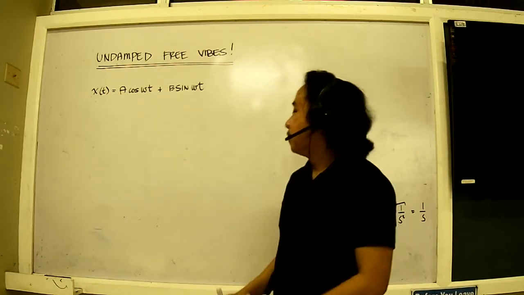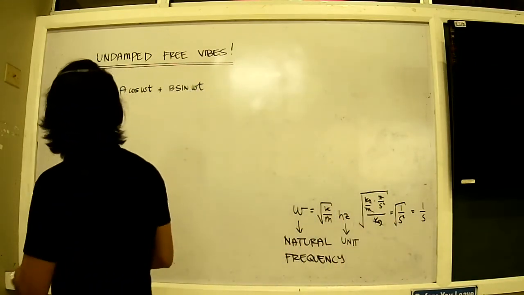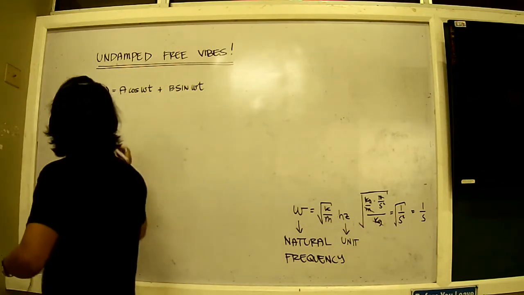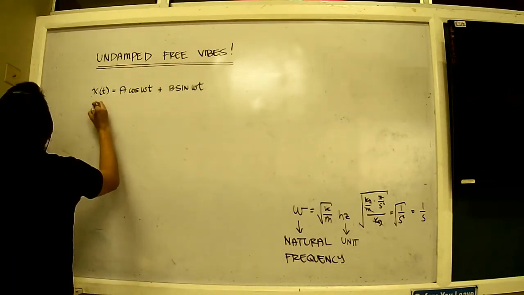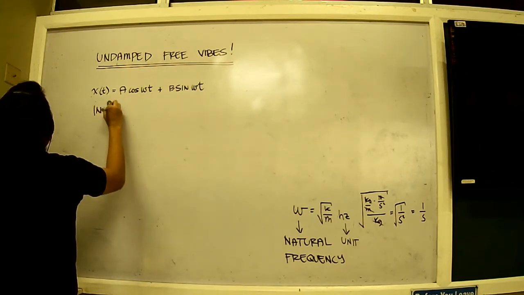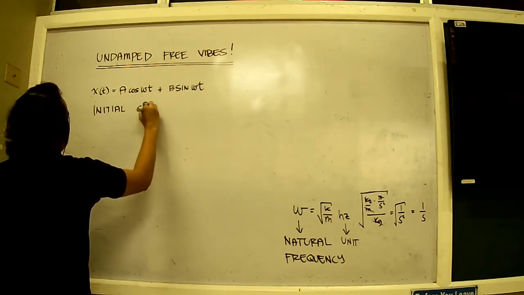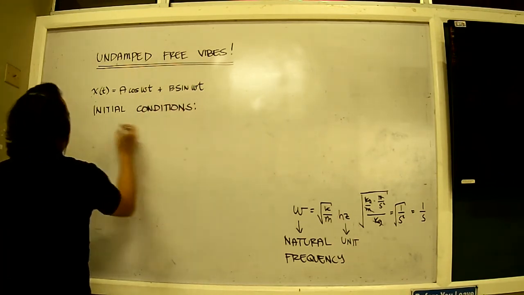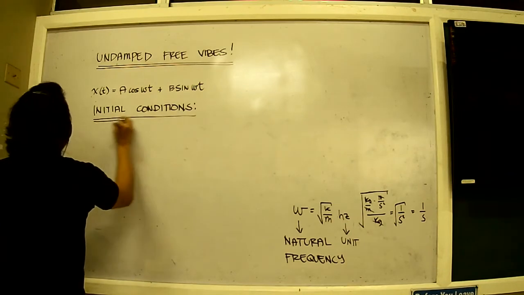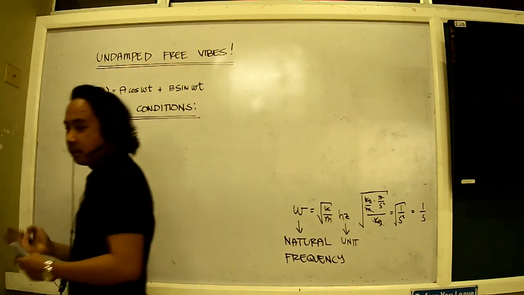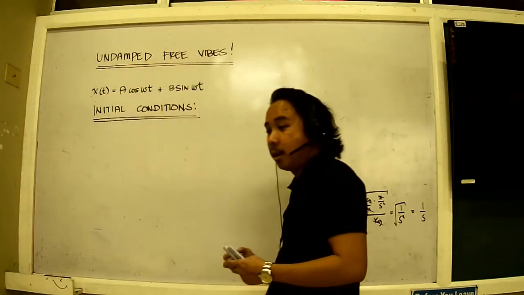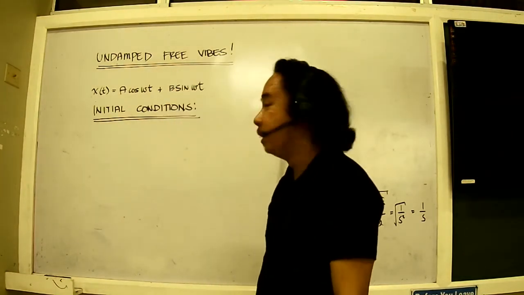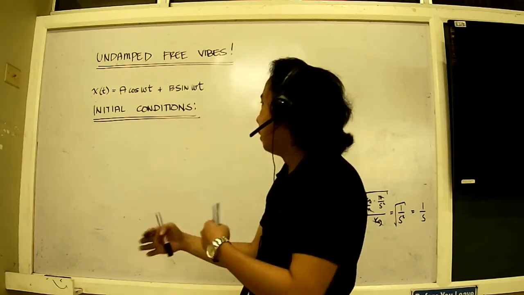Now, I would like to set some initial conditions here. When we talk about initial conditions, these are the conditions of our structure before the loading starts, before the counting began.